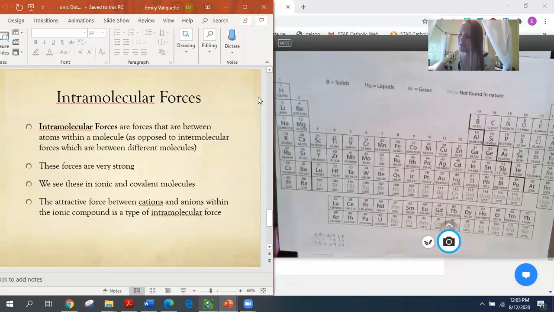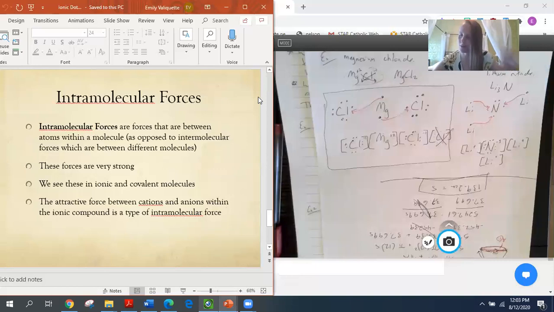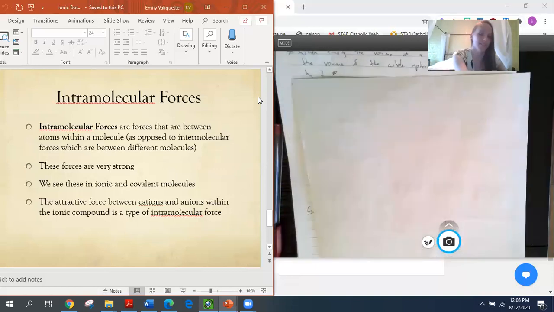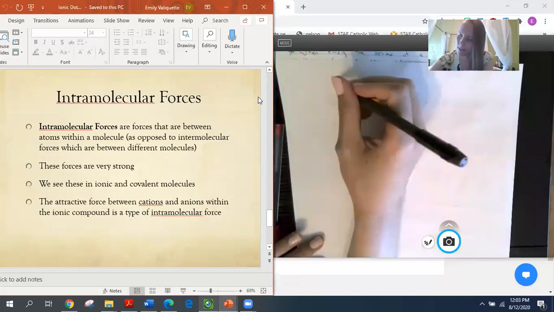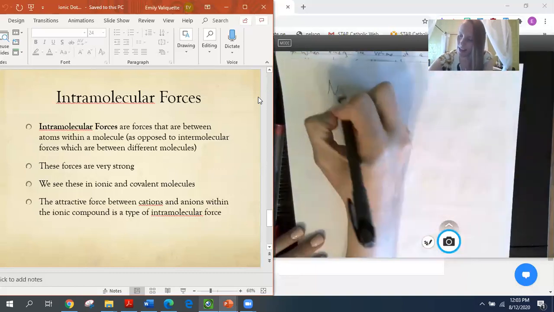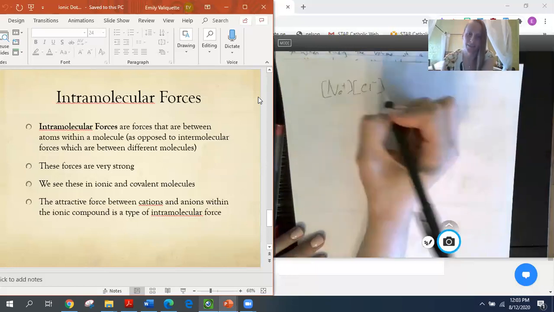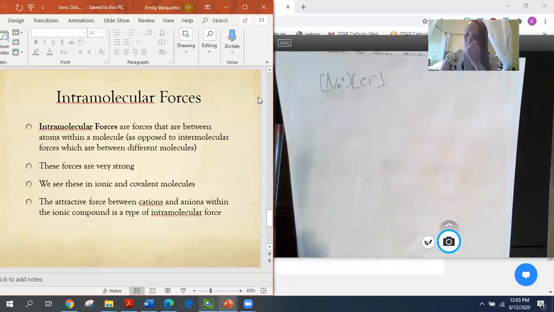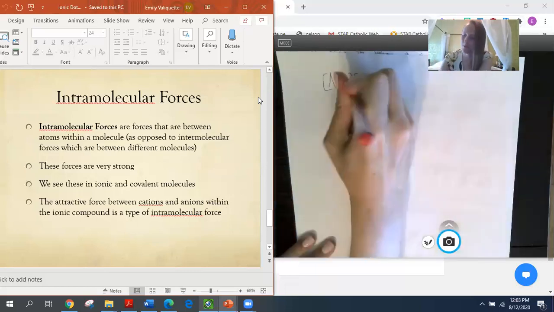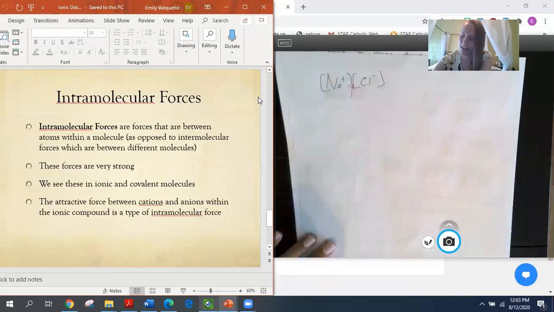So just to illustrate what I'm talking about here, and we'll get into this more in a later lesson, if you have an NaCl molecule, this would be an ionic bond right here. That would be the ionic bond between the positive cation and the negative anion.